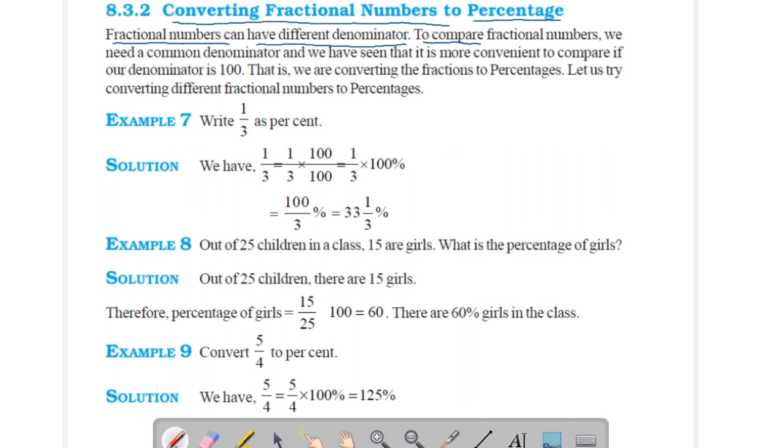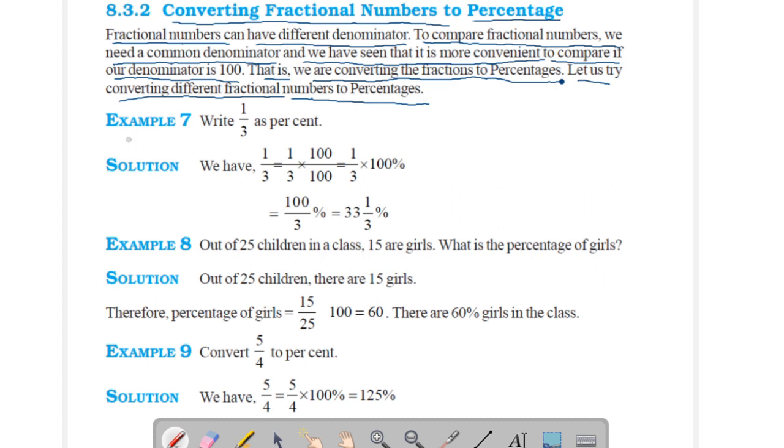To compare fractional numbers, we need a common denominator, and we have seen that it is more convenient to compare this way. Our denominator is 100. That is, we are converting the fraction to percentage. Let us try converting different fractional numbers to percentage.